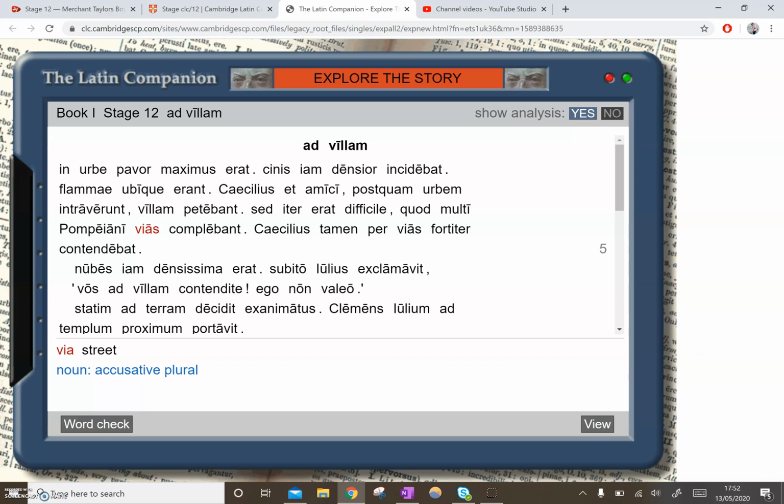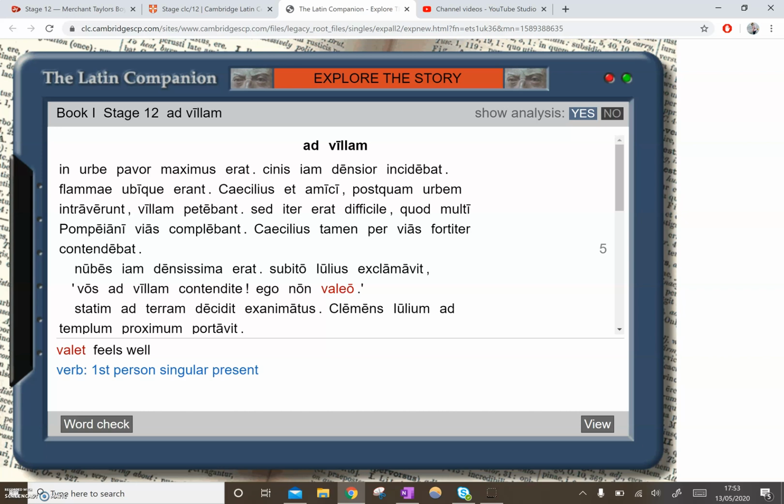So nubes iam densissima erat. The cloud was now very thick. That was a superlative. Densissima, very thick. Suddenly, Julius shouted, "You, hurry to the house. I, valeo, I do not feel well."